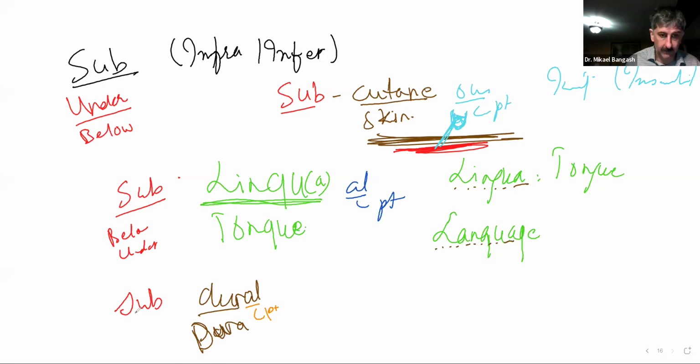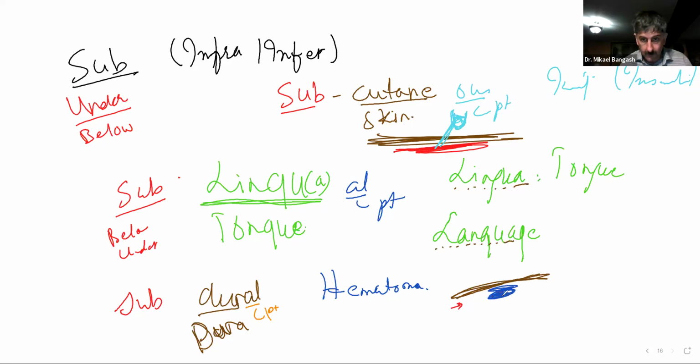Now, just to give an example, when we use the word subdural, that's going to be something we call a subdural hematoma, which mainly means that if this was the dura, what we're going to have in the area under the dura is a hematoma.